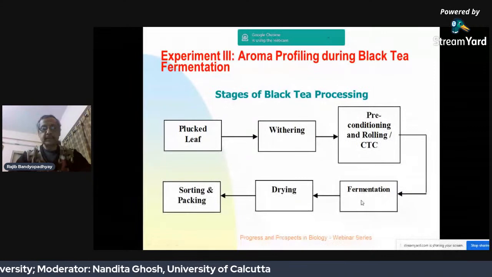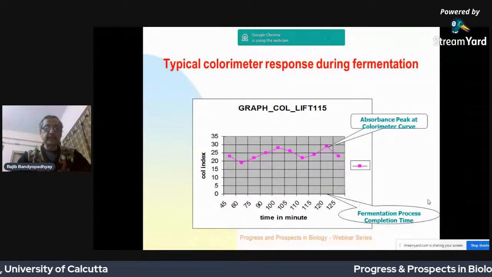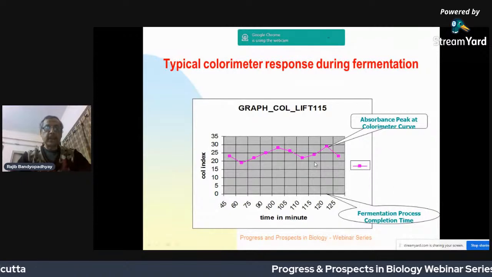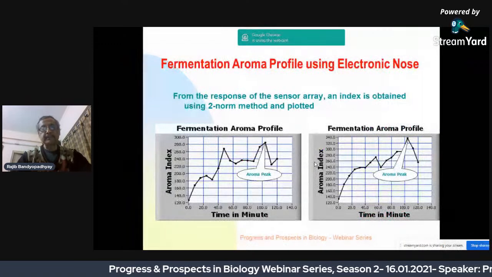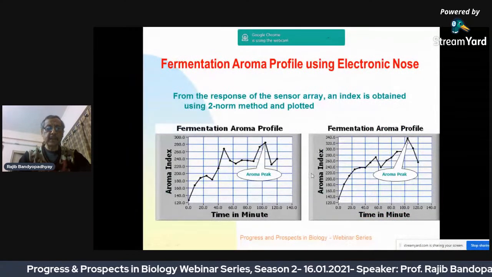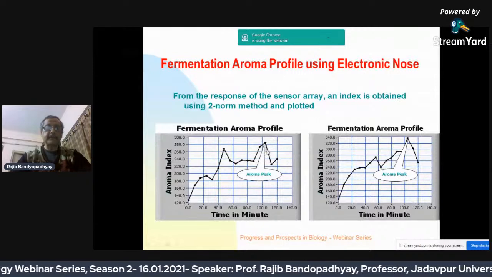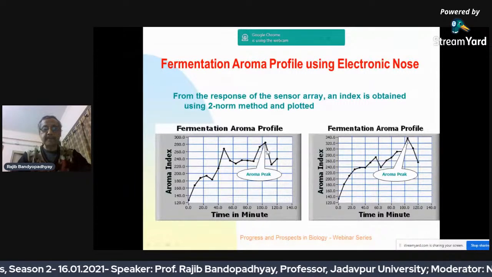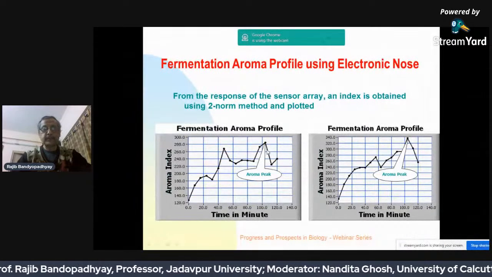The colorimetric technique is standard and is used by the tea industry people. We used our electronic nose, and we saw that the results are matching, because this is the fermentation aroma profile, and this is the optimum time of fermentation where the fermentation should be stopped, so that we could identify very accurately with the help of electronic nose.